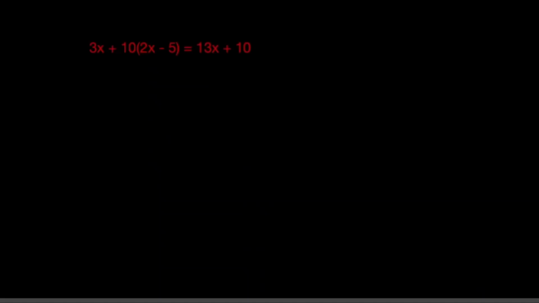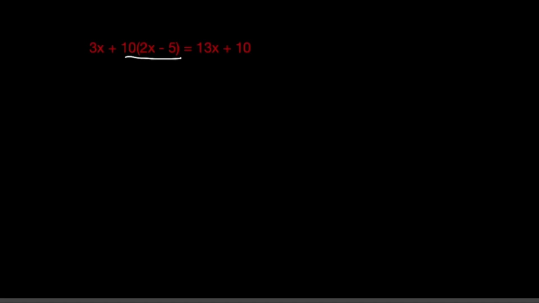This example is a little trickier, but bear with me. We have 3x plus 10 brackets 2x minus 5 equals 13x plus 10. When following order of operations, we have to do everything within the parentheses or the brackets, PEDMAS or BEDMAS. So we're going to expand this term. We multiply the term outside of the bracket with each term within the bracket.